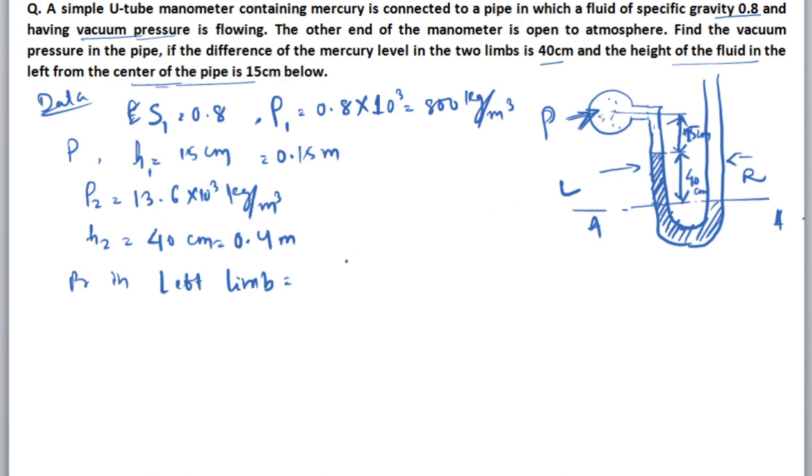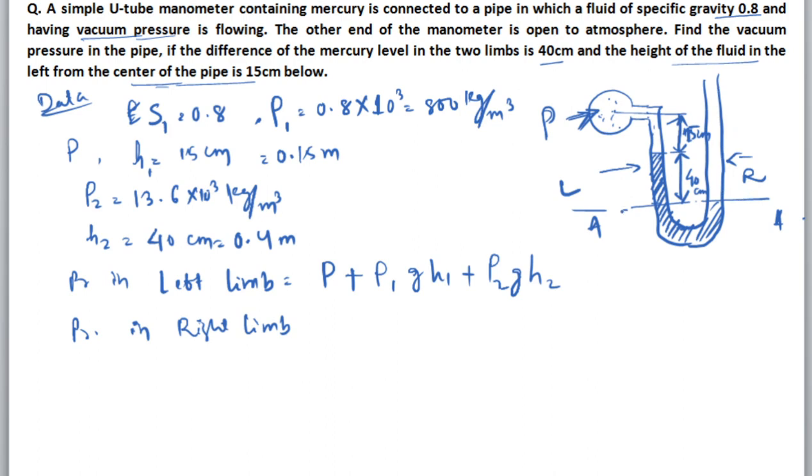First, the vacuum pressure inside the pipe, P, plus the pressure due to light liquid, that is rho 1 g H1, then plus the pressure due to heavy liquid, rho 2 g H2. So what is the pressure in the right limb?